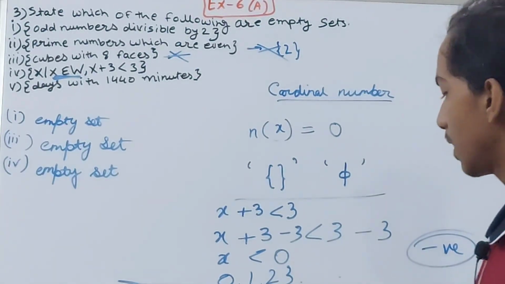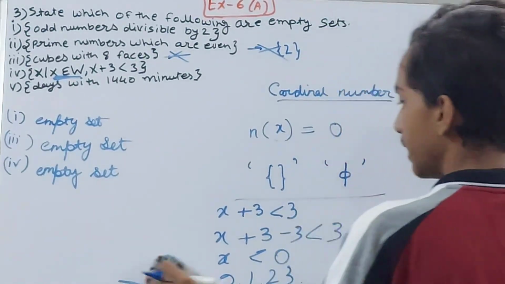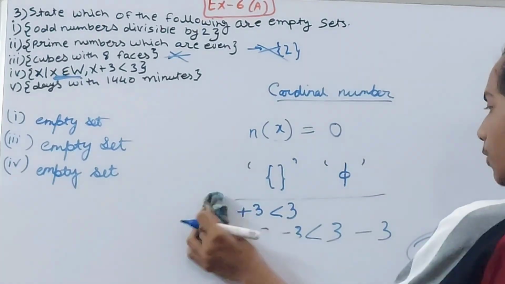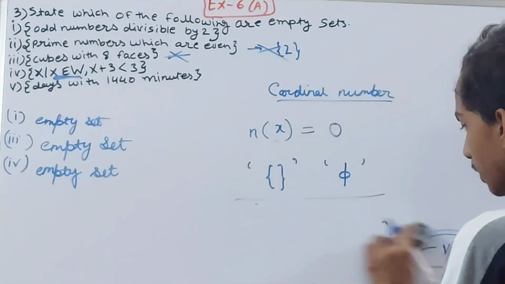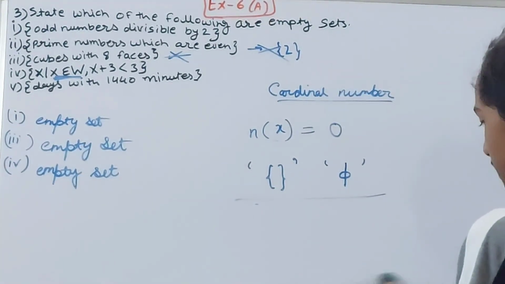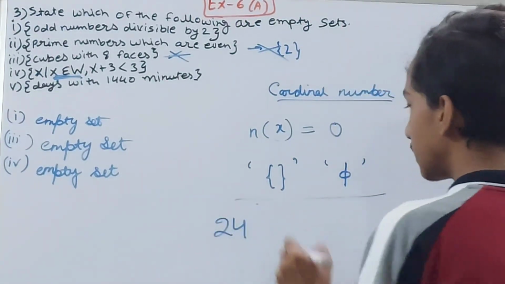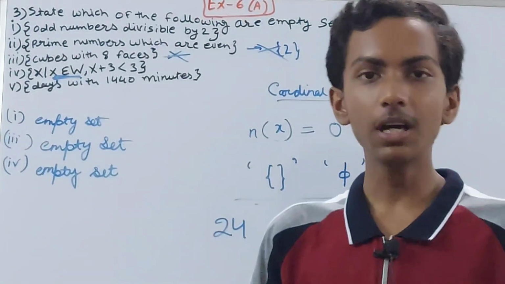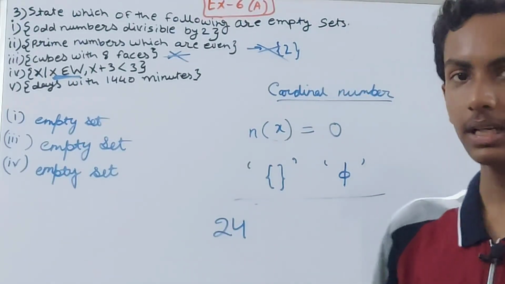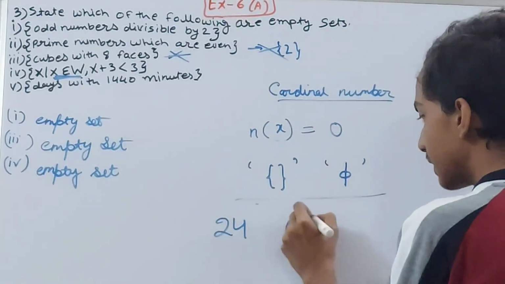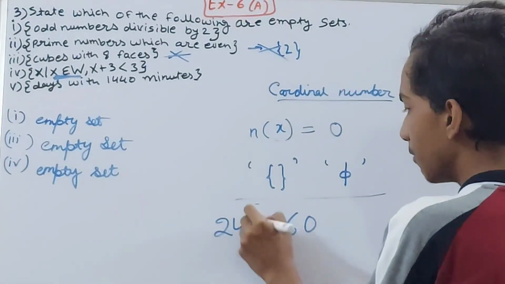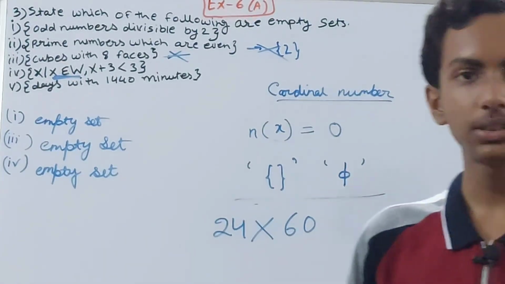Then see, days with 1440 minutes. It is asking us the number of days that have 1440 minutes. Again, very simple, this is basic math. In every day how many hours are there? 24 hours. And in 1 hour how many minutes are there? 60 minutes. So in 24 hours there will be 24 into 60 minutes.